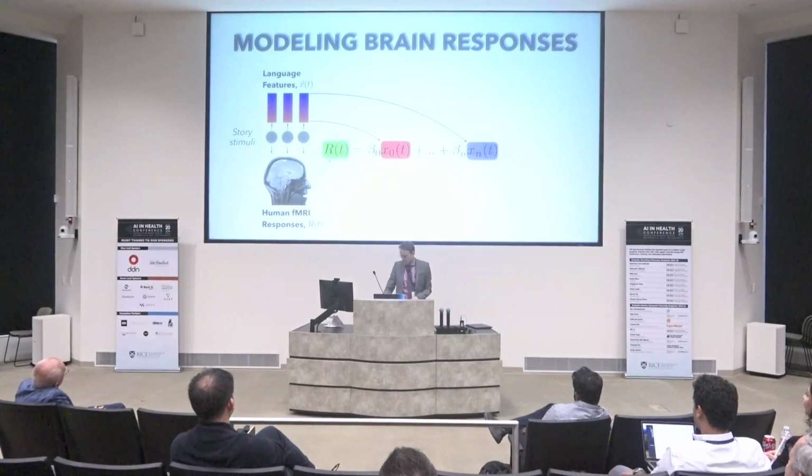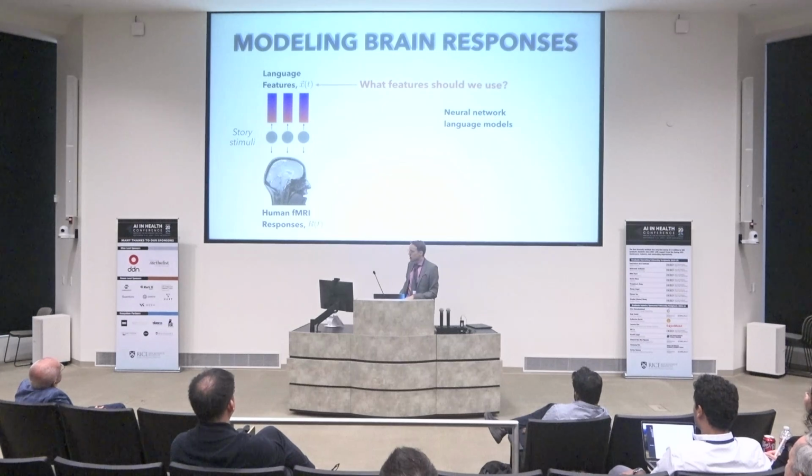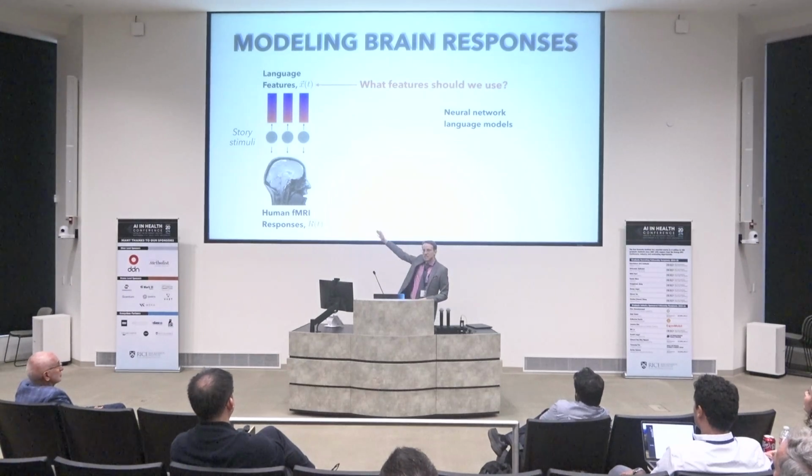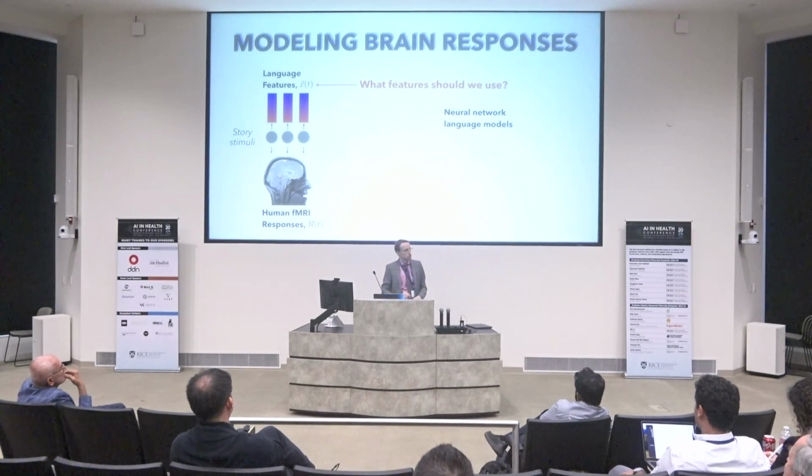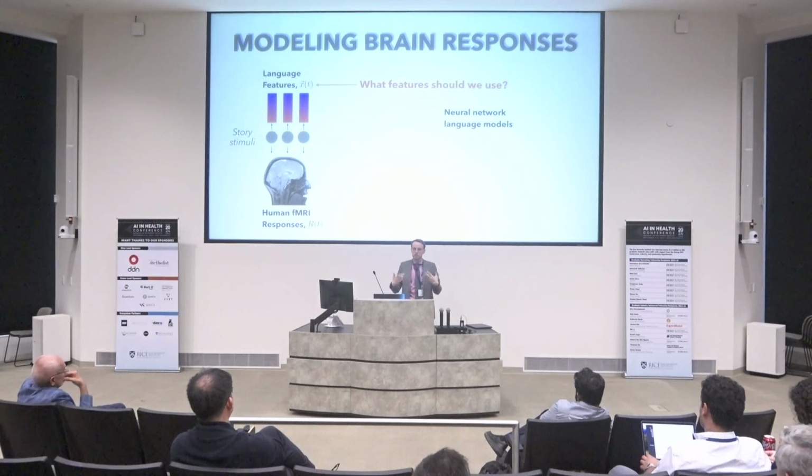But OK, so let's turn our attention a little bit to this question of what kinds of features should we use? What gives us maybe the best models or the most useful models in some way? And one specific thing has really emerged that has beaten everything else, which is neural network language models. All right, so this is things like GPT, the core of ChatGPT, which you are all, of course, familiar with.